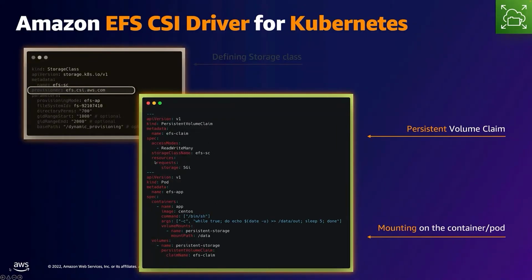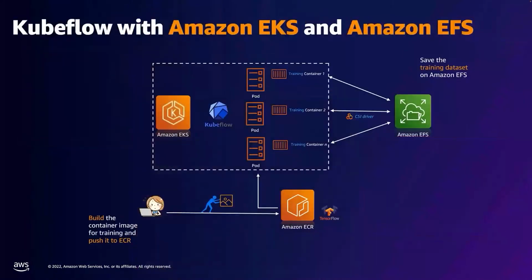You don't have to go back to storage over and again, because we are using dynamic provisioning, and the CSI driver takes care of creating those access points, which is the technology behind provisioning these PVCs. So that's a little bit about how you can make use of EFS with Kubernetes.